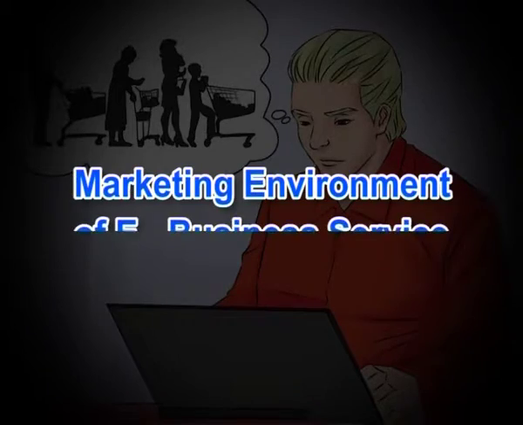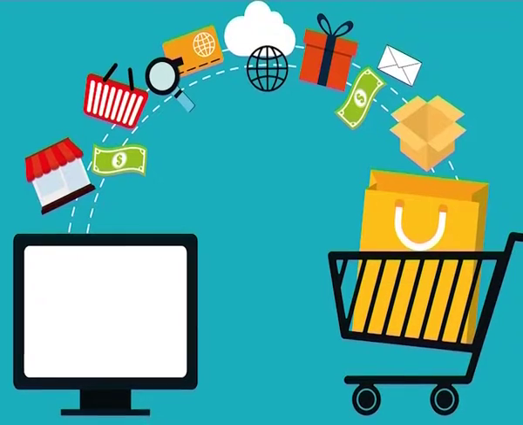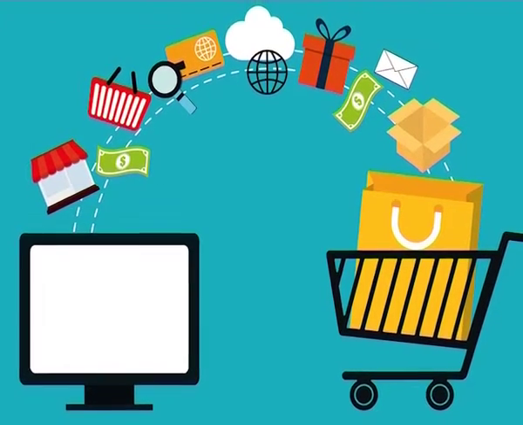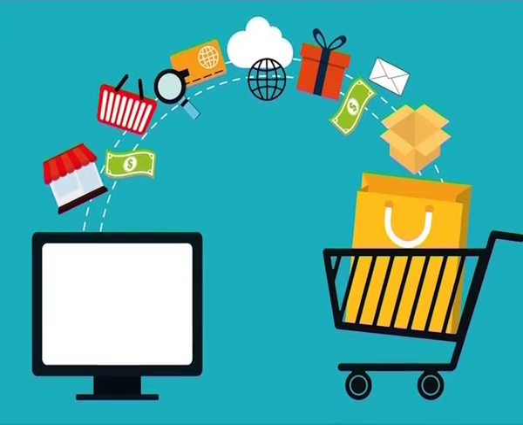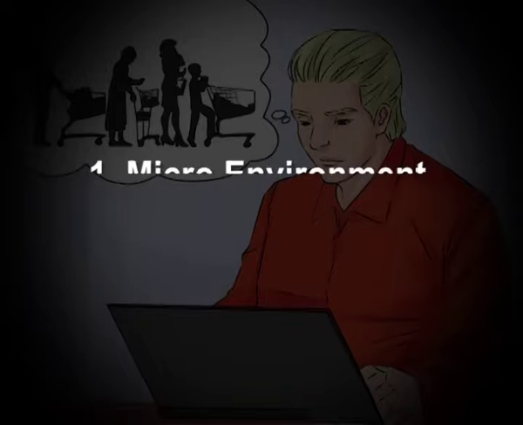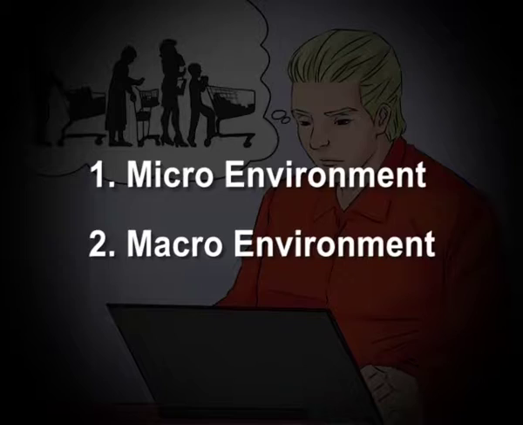Let's move on to the first module, marketing environment of e-business service. E-commerce is gaining popularity in the contemporary context. The environment of e-commerce is as follows. Number 1, it consists of the micro environment, and number 2, the macro environment, just like any other business.